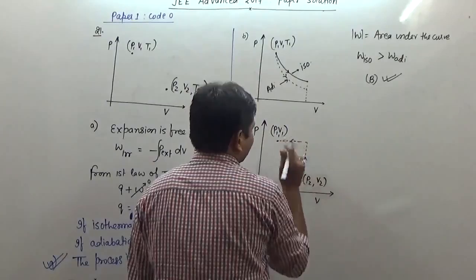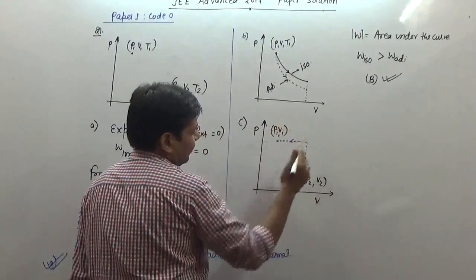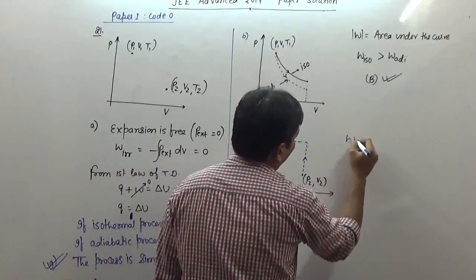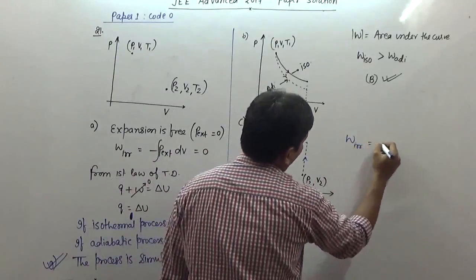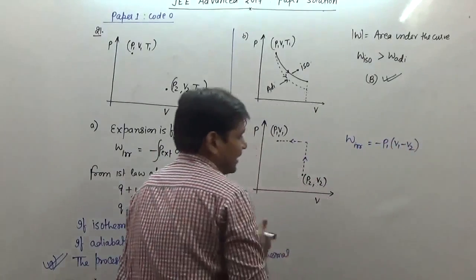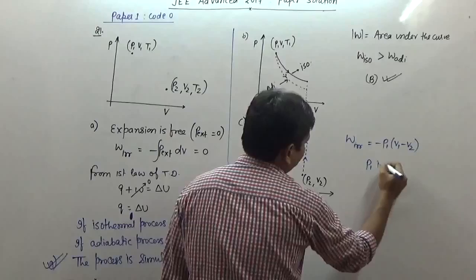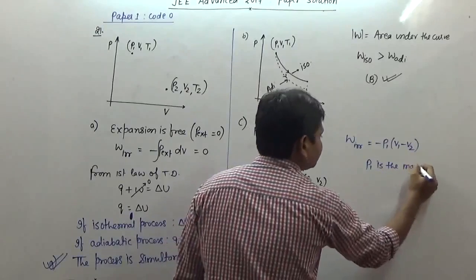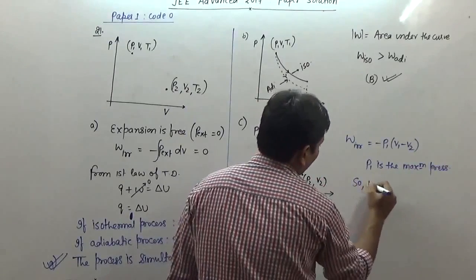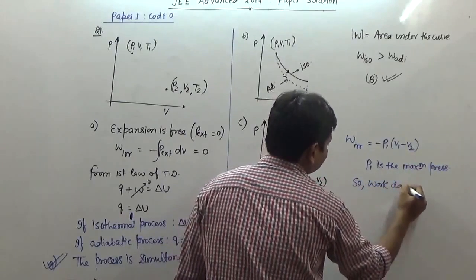So you can see that this is the maximum pressure at which compression can be done. So W irreversible will be equal to minus P1 times (V1 minus V2), and you can easily see that P1 is the maximum pressure, and so work done on gas is maximum.